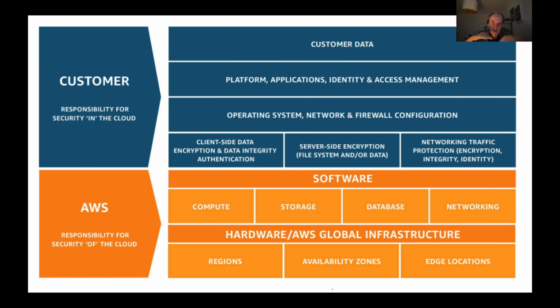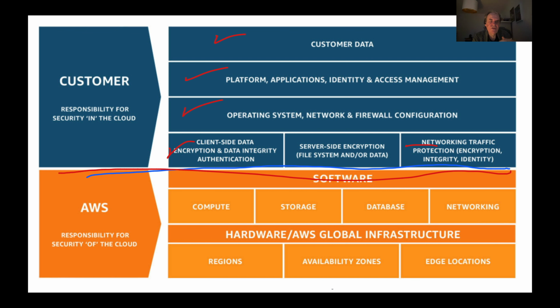So this is the levels of who's responsible for what. So basically, customer data, always the customer, the platform and identity, operating systems, networks, firewalls, and so on, and then client-side data. And from there, sometimes, depending on the service, we might move that level up and down.